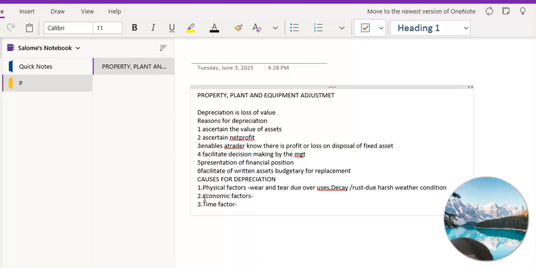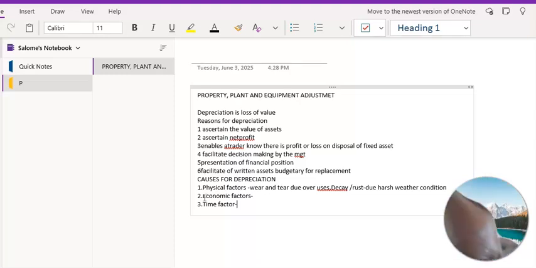If an asset is left unused, its value falls with the passage of time. For example, when we use a motor vehicle, it will reach a point when, even if we are servicing or maintaining it, it just loses value. It has become old. It can even lead to scrap value when we just dispose of it as scrap because it has been used for a longer period of time.